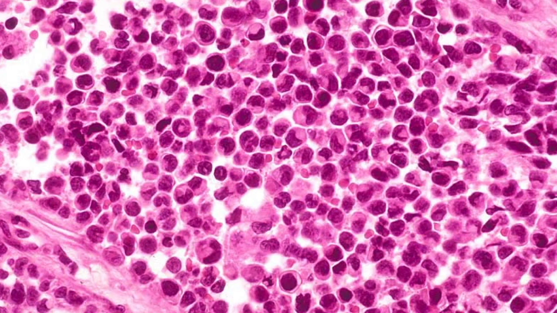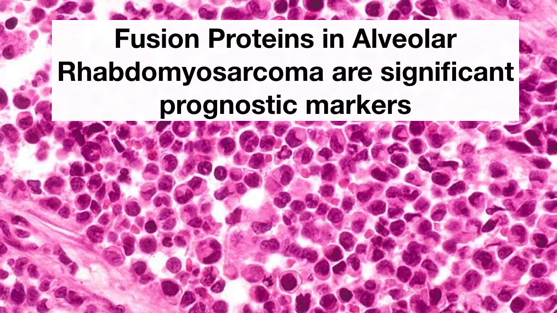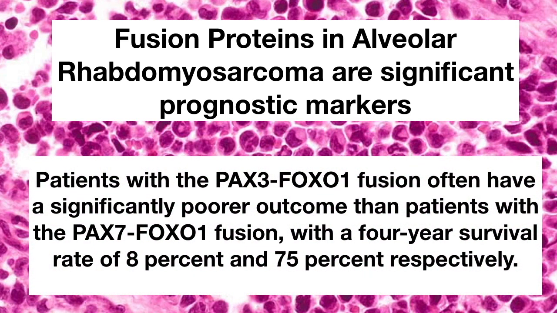Not all cases of alveolar rhabdo have an alveolar appearance on routine histopathology. These translocations are important prognostic indicators. Patients with a PAX3-FOXO1 fusion often have a significantly poorer outcome than patients with the PAX7 fusion, with 4-year survival rates of 8% and 75% respectively.